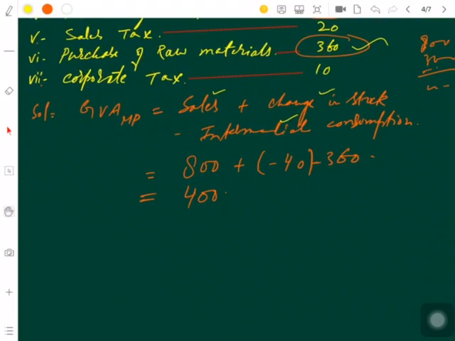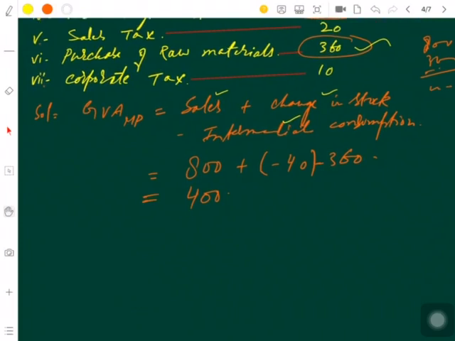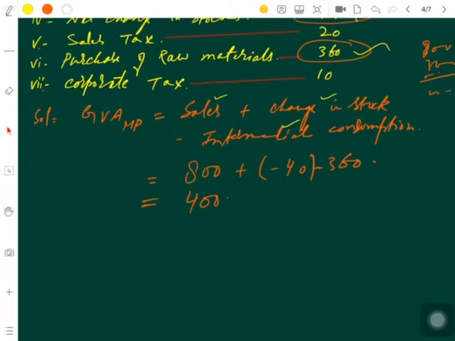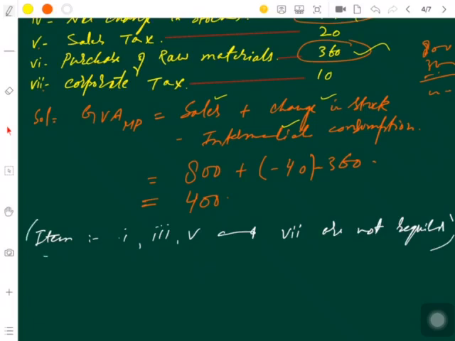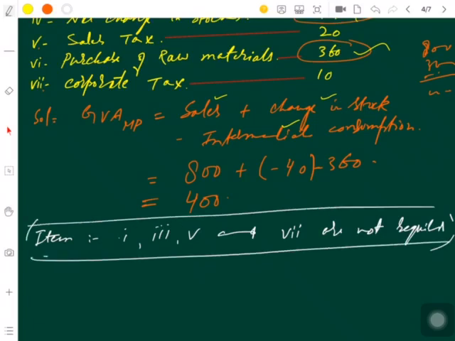So you can write it as a footnote in your question, that items first, third, fifth, and seventh are not required. They are there, let it be. We won't use them.